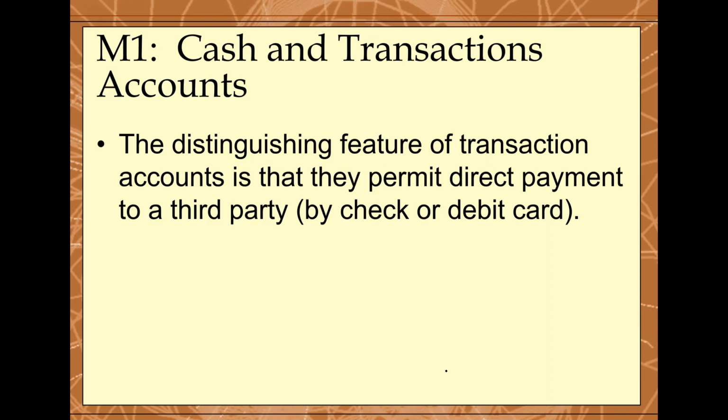Well, if you deposit cash into your bank, the cash held by the public is part of M1. When you deposit it into your bank, it's no longer held by the public, but it's now in the form of a checking account. And so there's no change in the money supply in that regard.